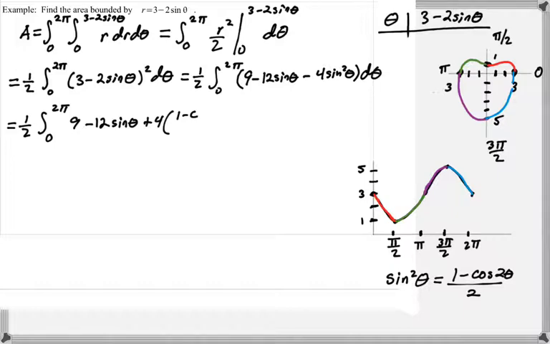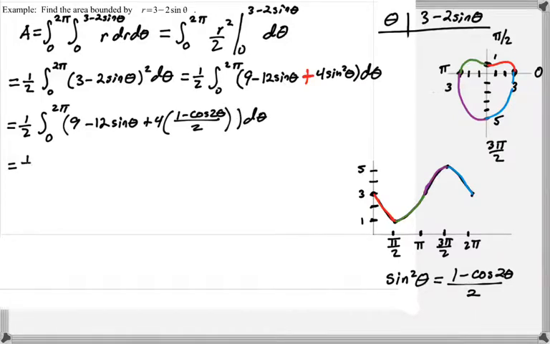This should have been a positive here, because we have negative 2 sine of theta times itself, so that should have been positive there. Okay, so plus 4 times (1 minus cosine of 2 theta) all over 2, and then d theta.